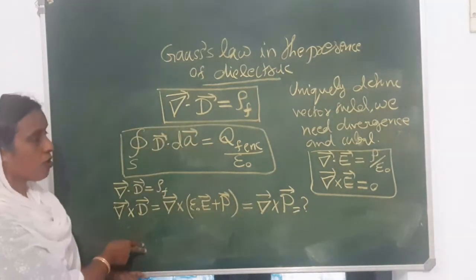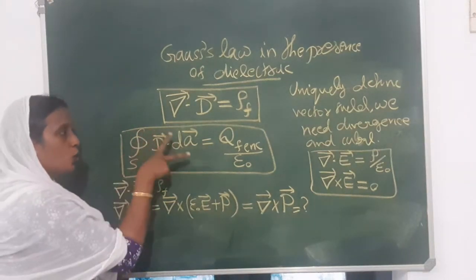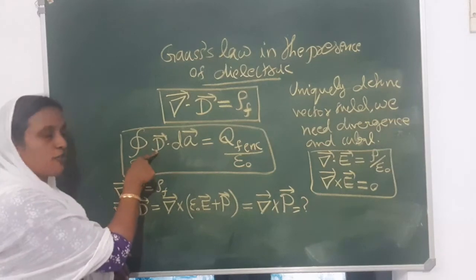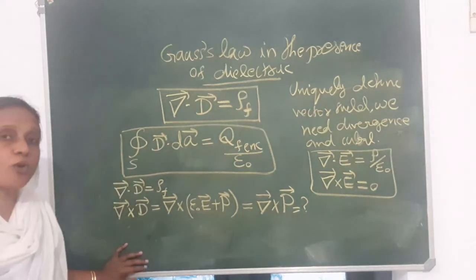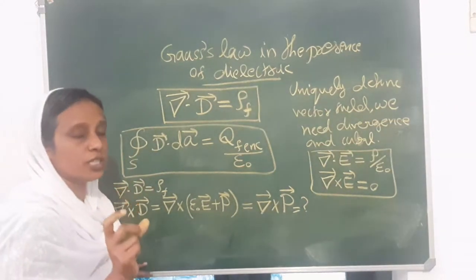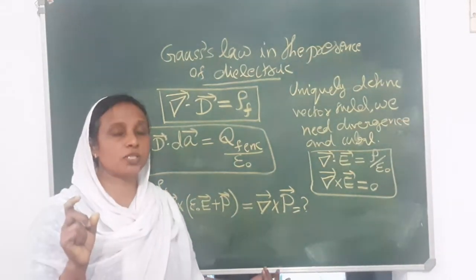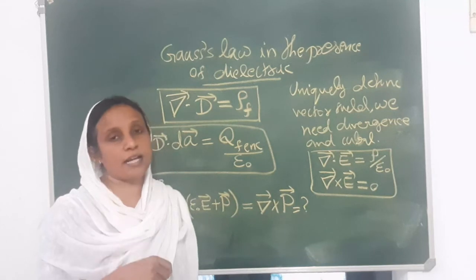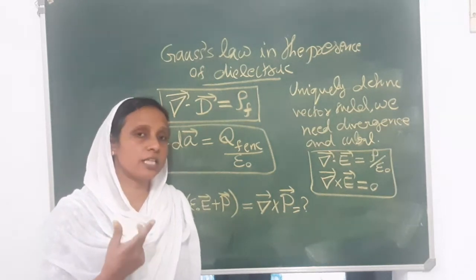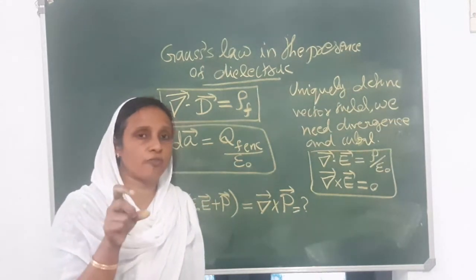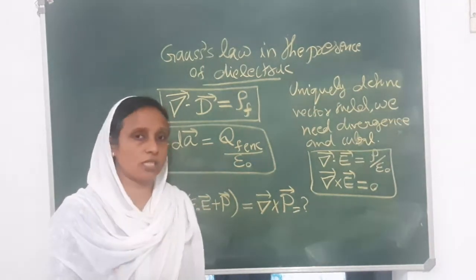So we can apply this Gauss law and find the electric displacement vector D only for systems which have some symmetry, either spherical, cylindrical or planar symmetry, etc. We already learned about problems with Gauss law, where you make use of some type of symmetry of the system.